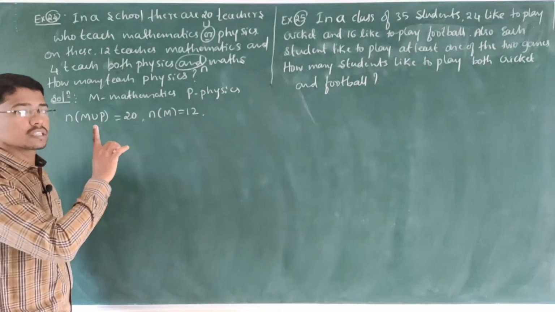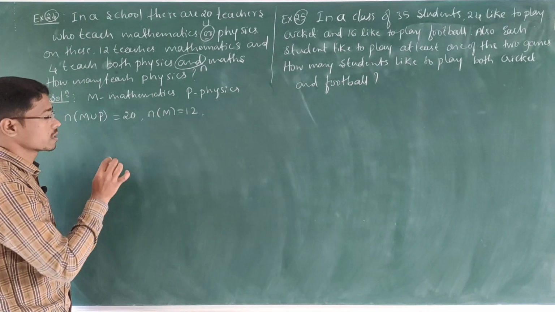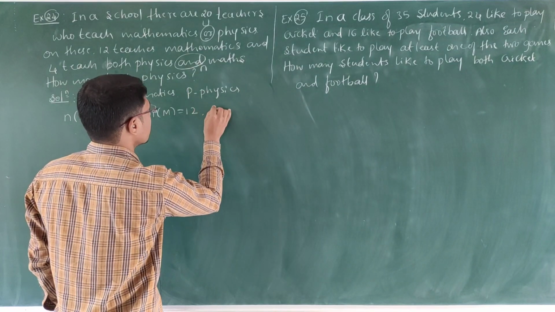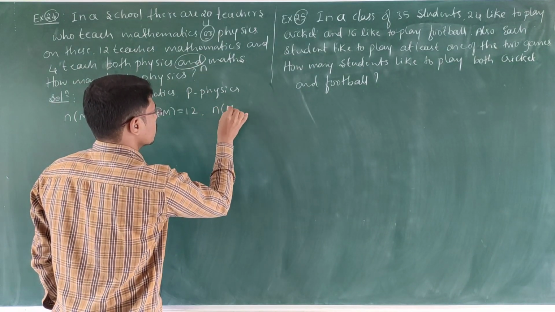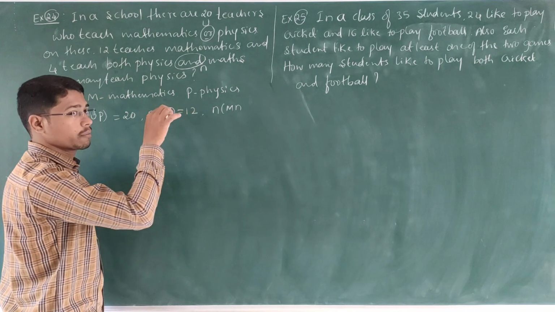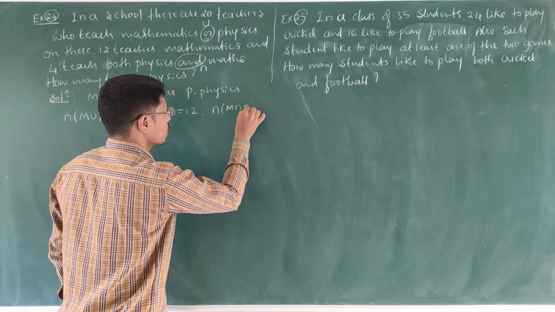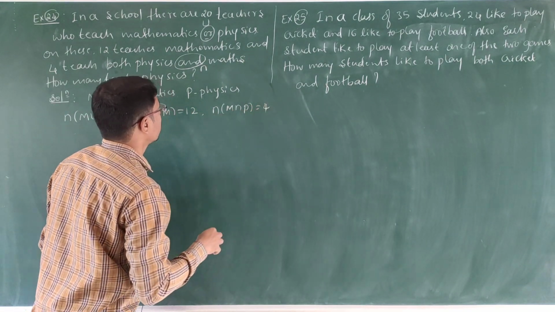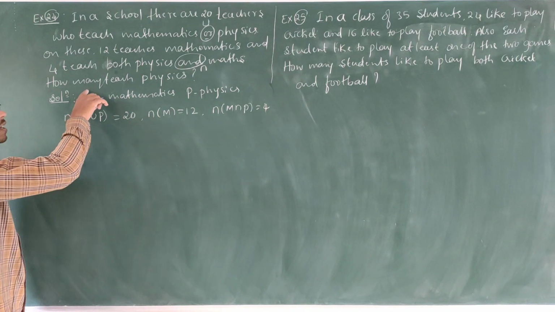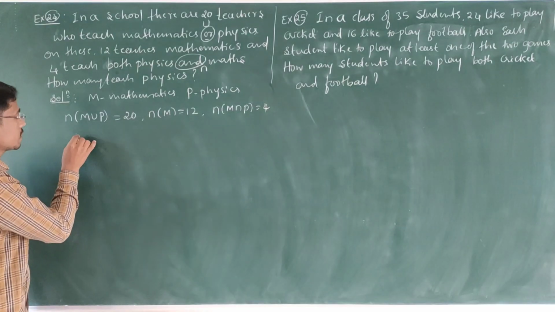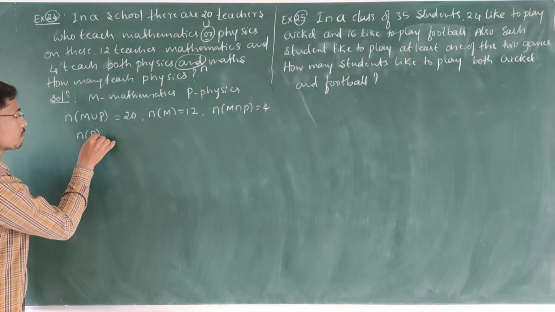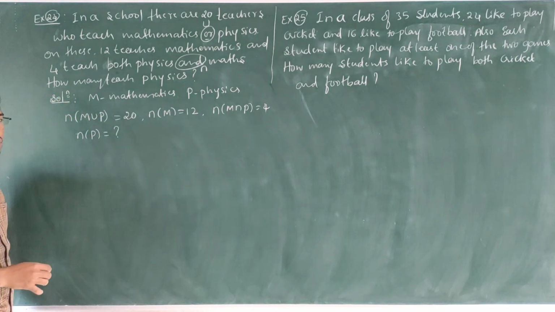"Or" means union, "and" means intersection, compulsory. Then the number of lecturers who teach mathematics and physics is 4. Now we have to find how many teach only physics, that is the number of physics teachers.